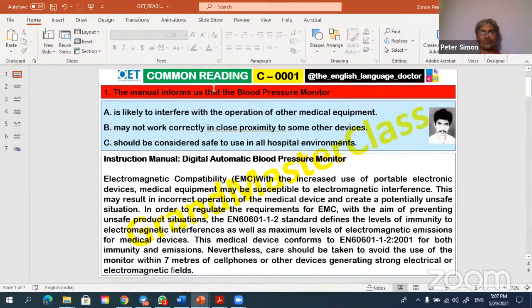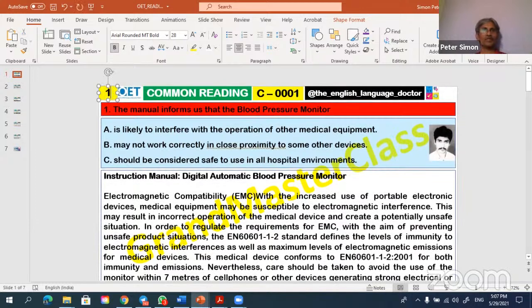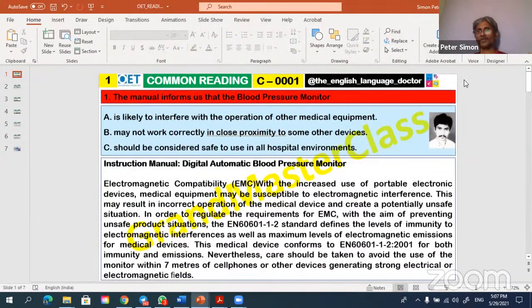Yes. So two numbers will come. One is paragraph number and one is question number. So this will be okay. Paragraph number, yeah, number 1. So that is the paragraph number. And another one, question number, will be on the right side.